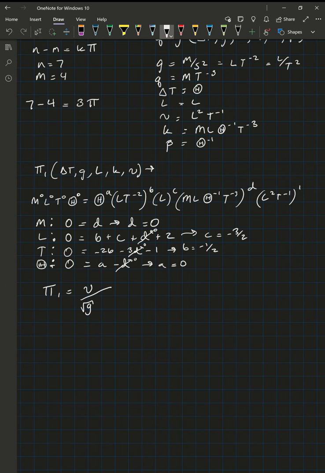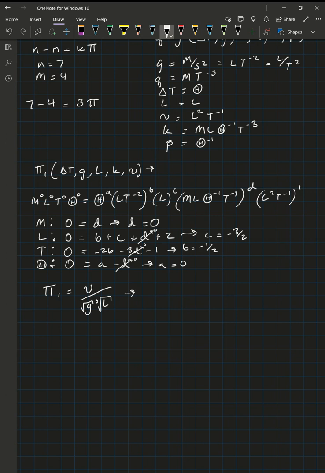And then I have C raised to the negative 3/2, which is L, so that goes down here. So we have the cube root of L. A is 0, so delta T is just to the power of 1, it's not going to show up in the problem. D is also the same thing, K is to the power of 0, which is just 1, so it doesn't show up in the problem.